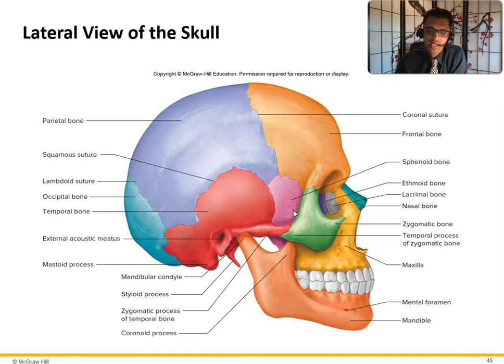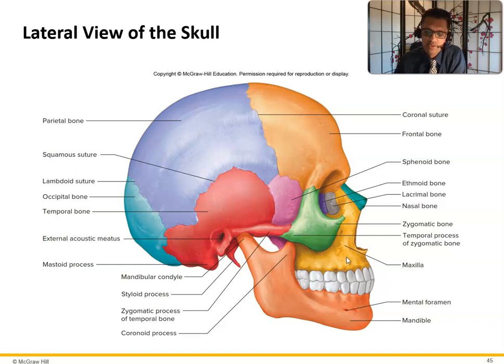So here is a side view of the skull. Here's the frontal bone. Here's the parietal bone. Here's the occipital bone. Here's the temporal bone. Here's the mastoid process, which is, if you go behind the ear, you can feel that bump there. You don't want to push too hard because anterior to that is the styloid process, and that's thin. That can break there if you push too hard, so you want to be careful.